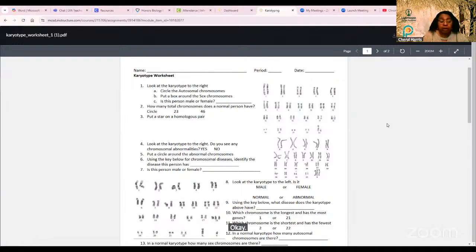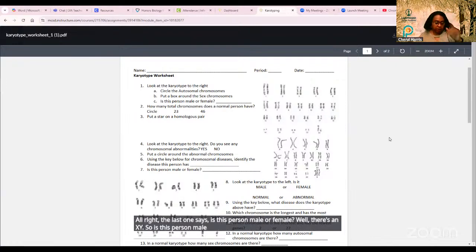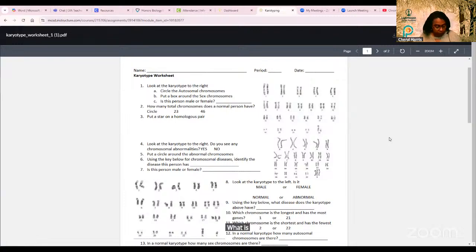All right, you following? Everybody following? All right, the last one says, is this person male or female? Well, there's an XY, so is this person male or female? You can type it in the chat.